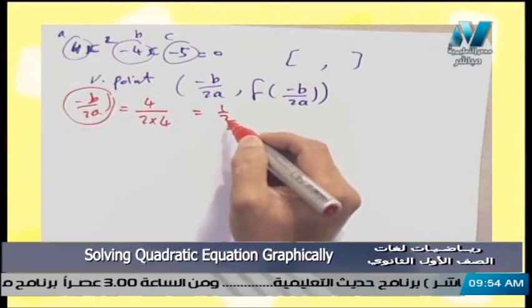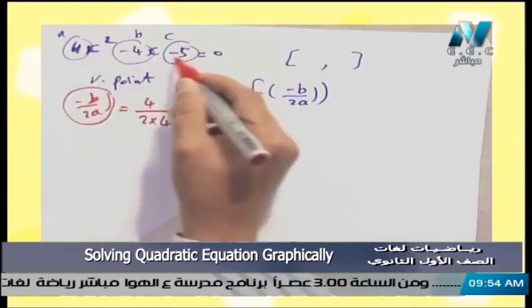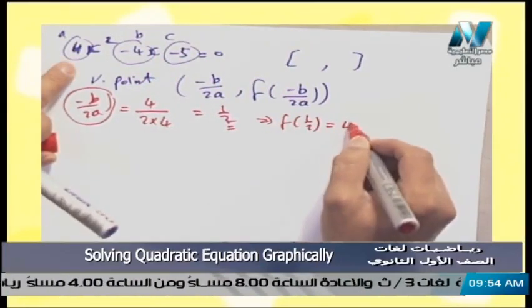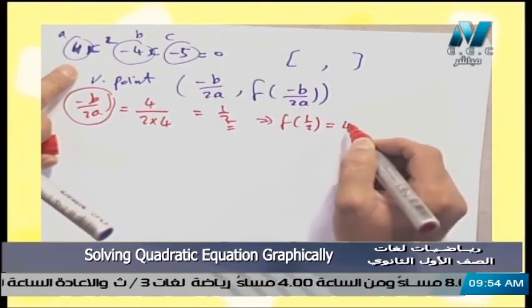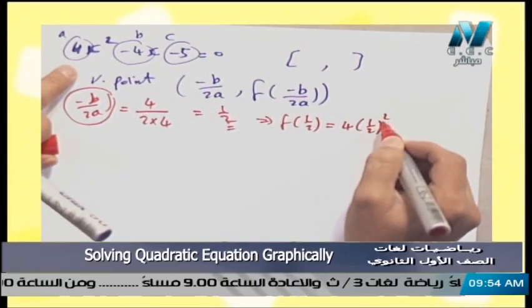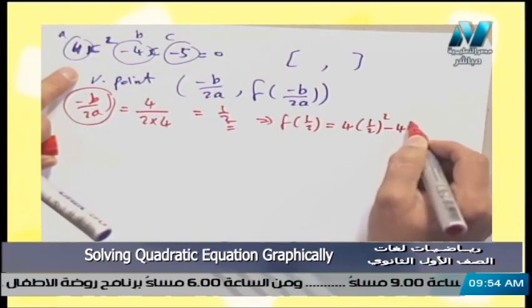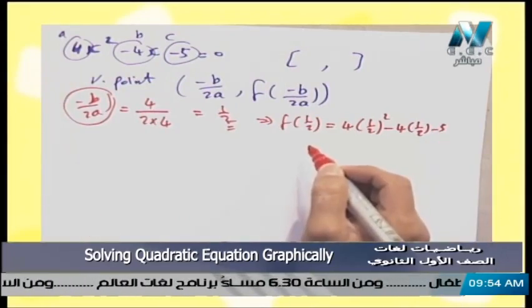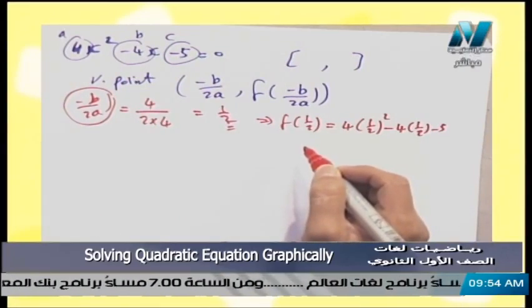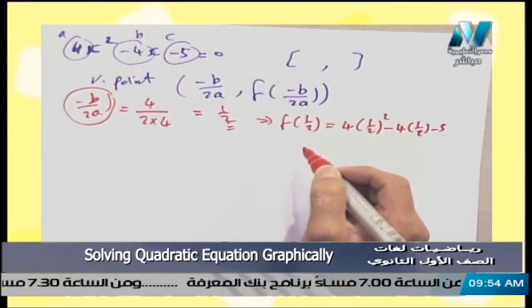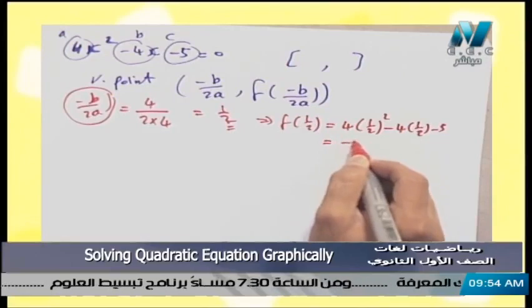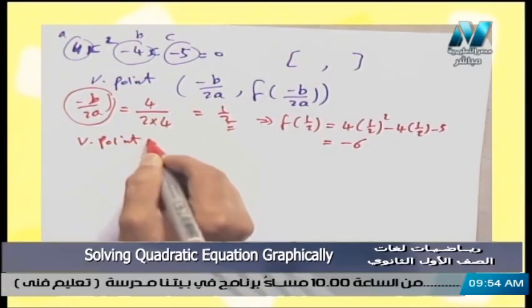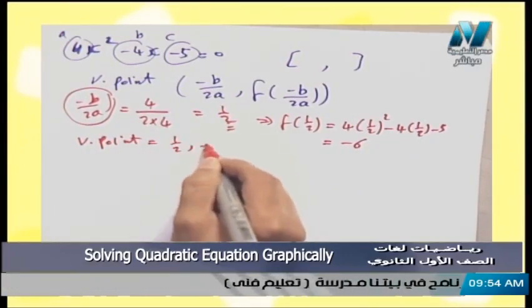And we will substitute half here to find the function. f of half equals 4 multiplied by half power 2 minus 4 times half minus 5, and the answer will be negative 6. So we have the vertex point of the curve, half and negative 6.